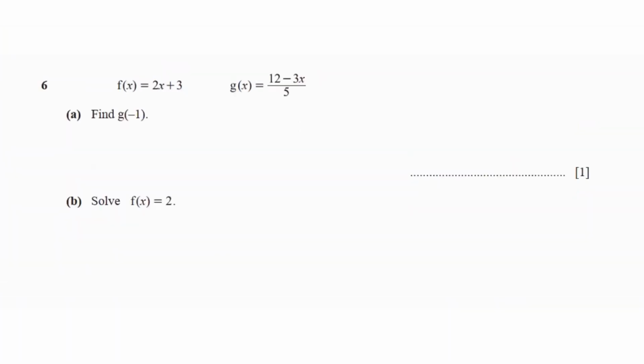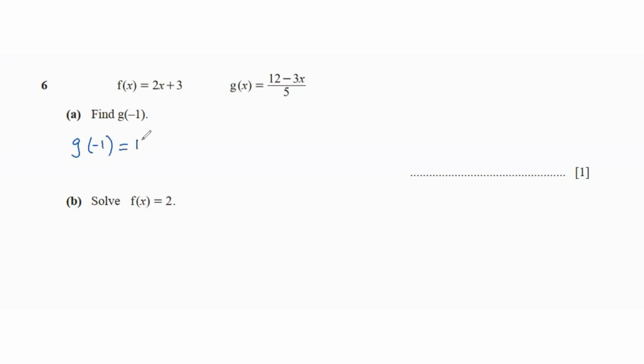Question 6 says we have two functions. Function f is 2x plus 3 and function g is 12 minus 3x over 5. Part A says find g of -1. So we substitute x equals to -1 in this function.